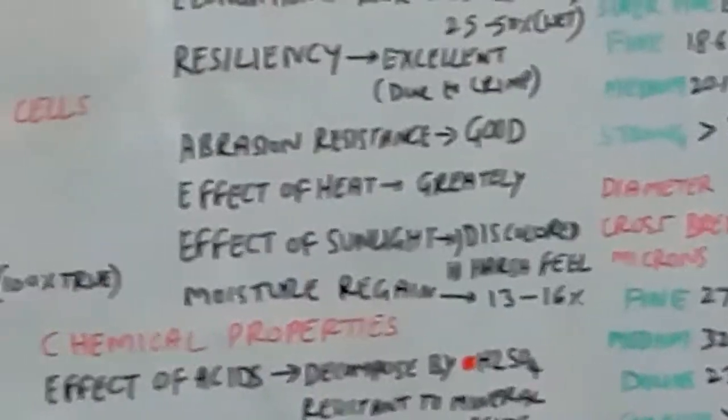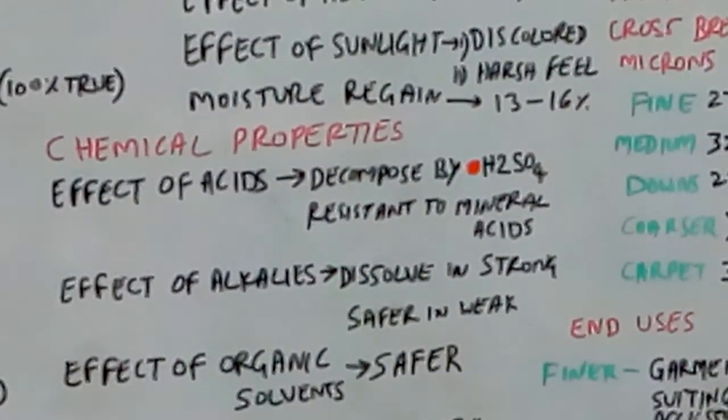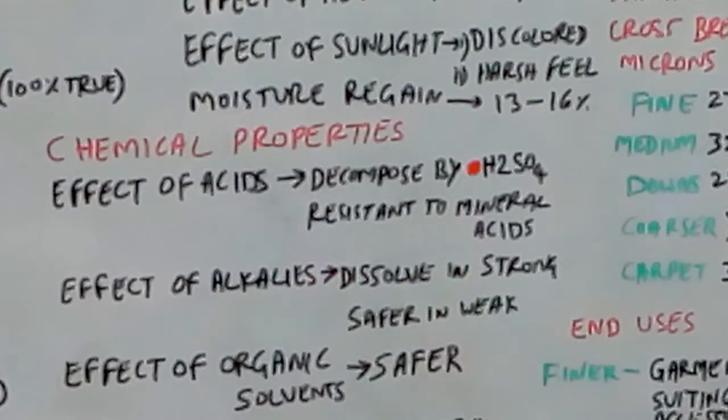Okay, now coming to the chemical properties. Wool products are subject to the effect of acids. In the case of acids, wool fiber, yarn, fabric or product decomposes with hot sulfuric acid, but it will resist mineral acids.